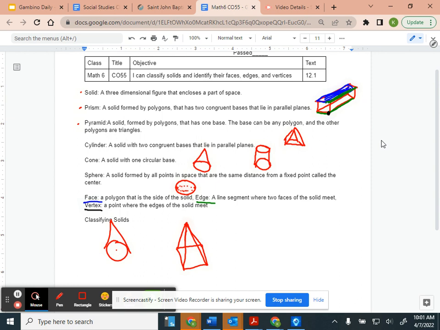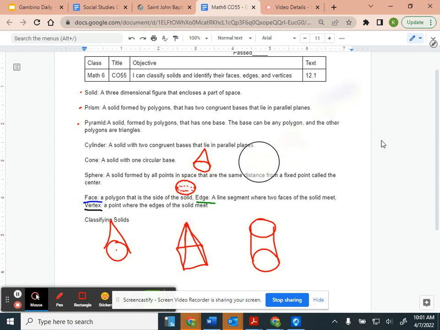Here's our next one. What is that, Nolan? Cylinder. Yeah. All right. I am going to move my paper up.